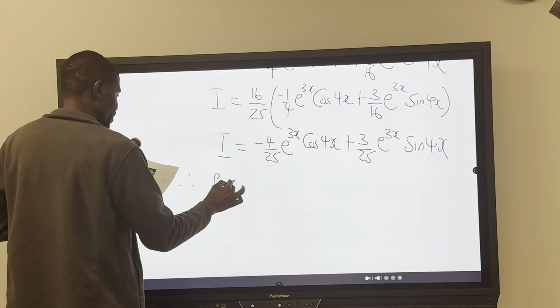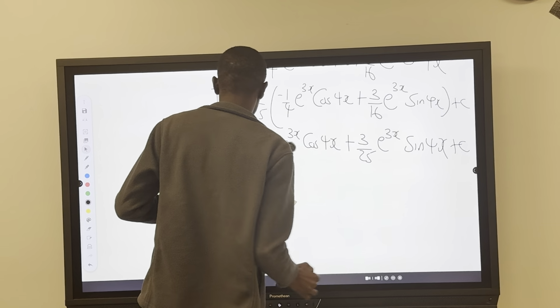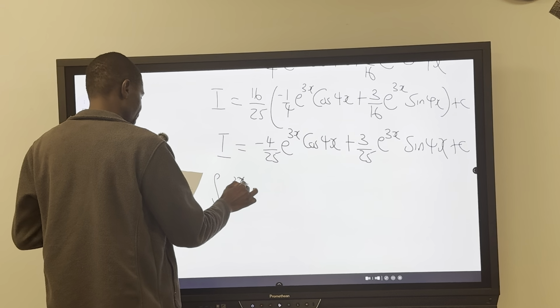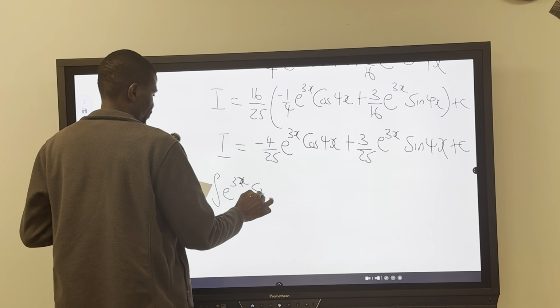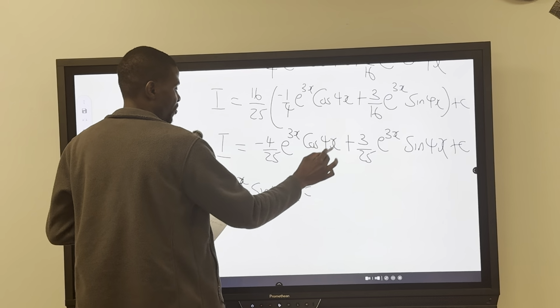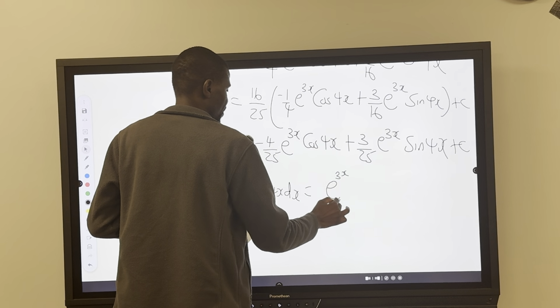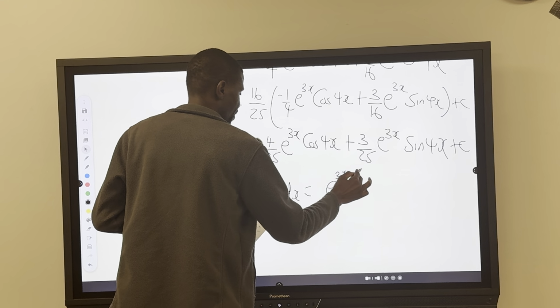So therefore, the integral of e to the 3x sine 4x dx, let me not forget the integration constant here, equals, so I'm going to take out e to the 3x over 25.